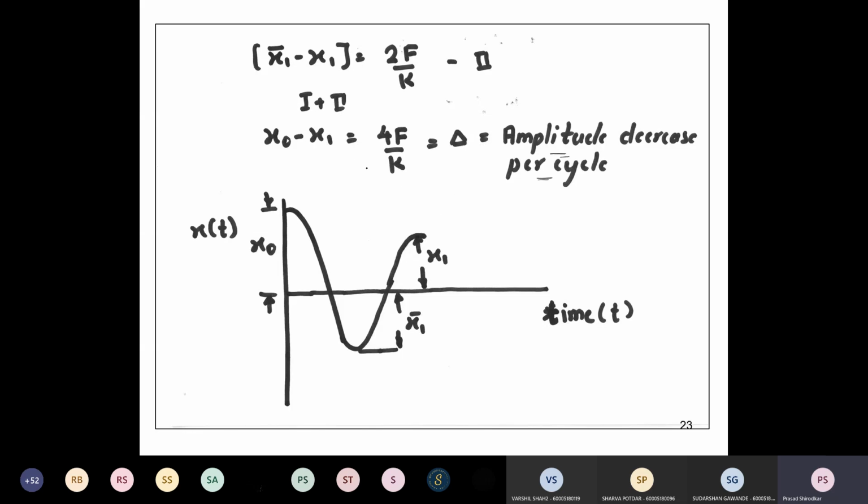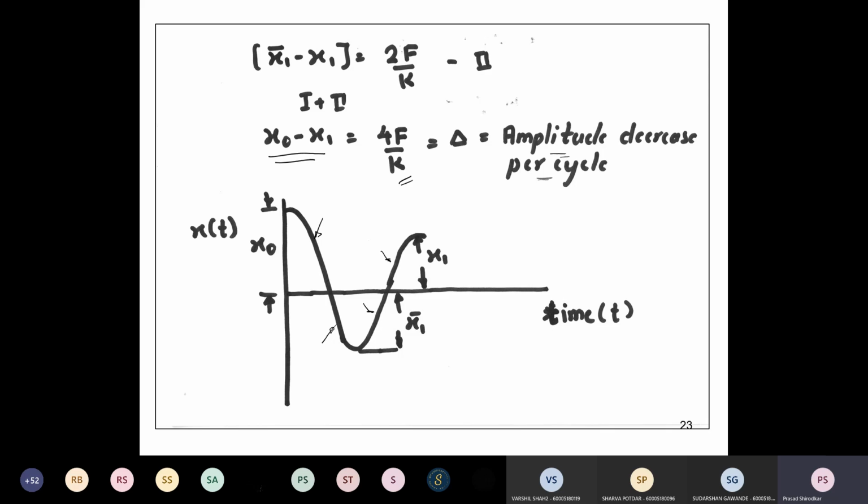You can derive this by using the work energy principle also, but this will give you only the end result, the decrease in amplitude. But how the system behaves intermediately throughout this cycle, for that the detailed analysis is required.